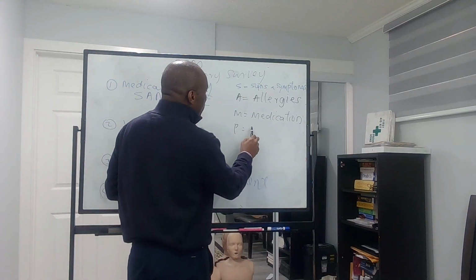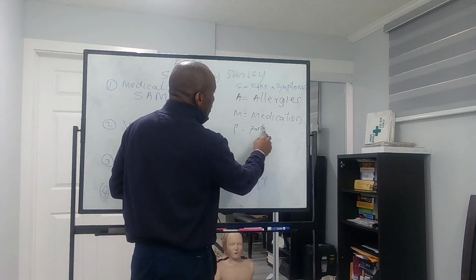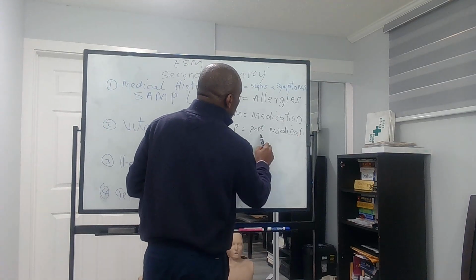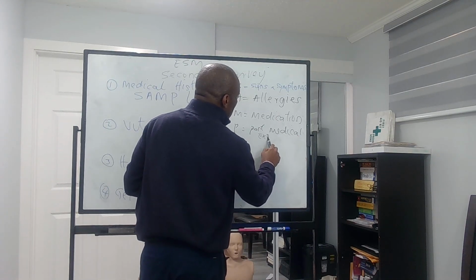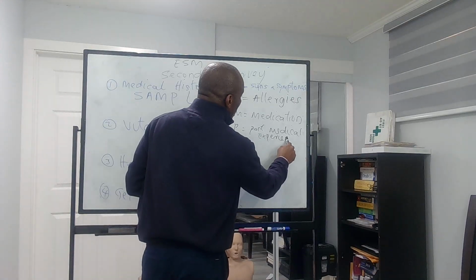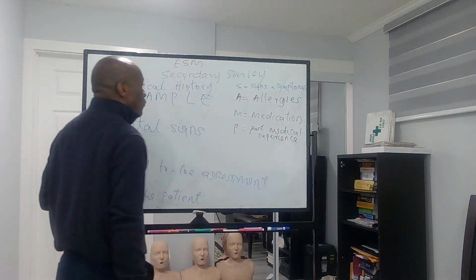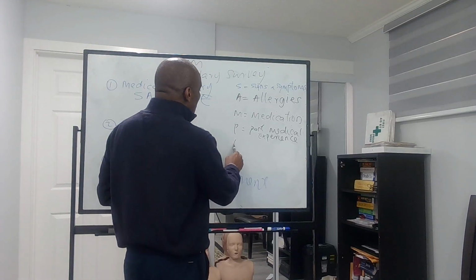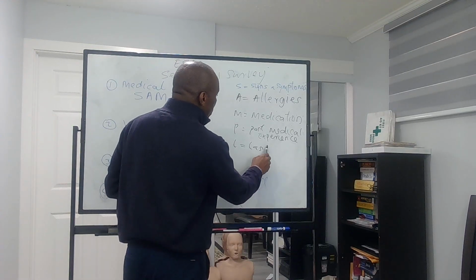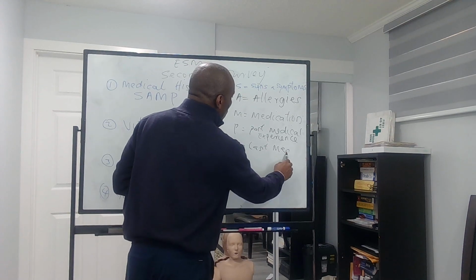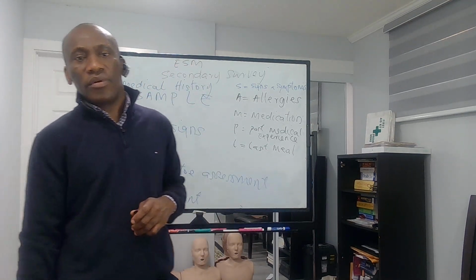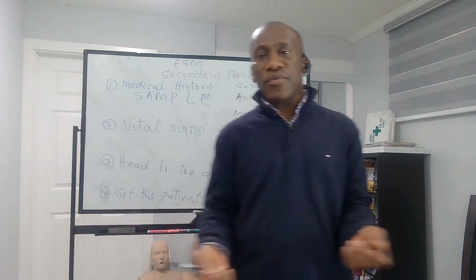P is past medical experience, similar medical experience. Ask your patient, have you had this experience before, a similar experience in the past? L is last meal, about food or drink. Have you eaten anything? What have you taken?